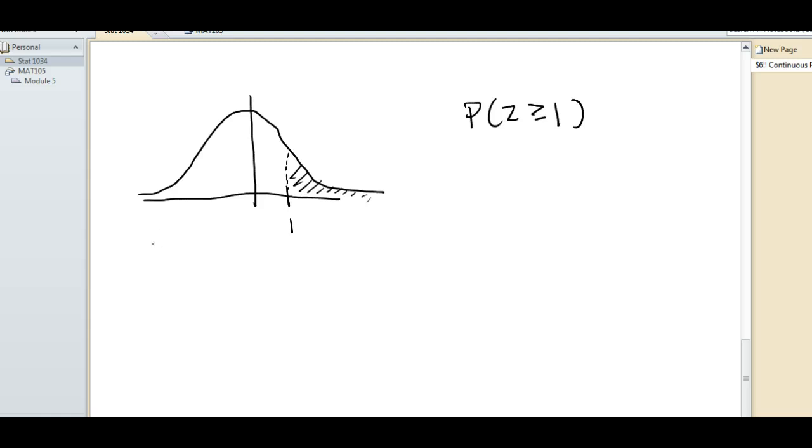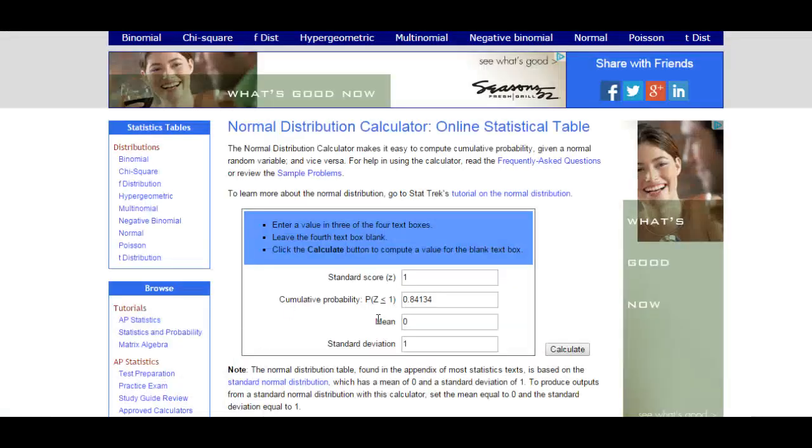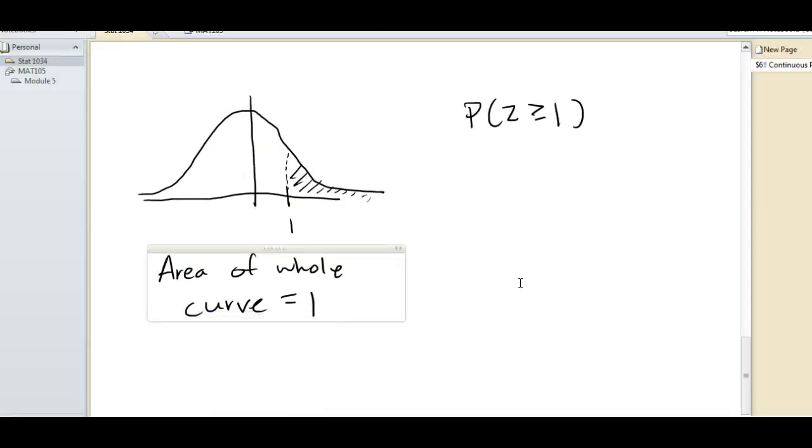The thing we want to use is the fact that the area of the whole curve equals 1. Because our calculator, if we go back to the calculator, notice it always only specifies the cumulative probability for the values less than or equal to the z-score that you give. It doesn't give the ones greater than.